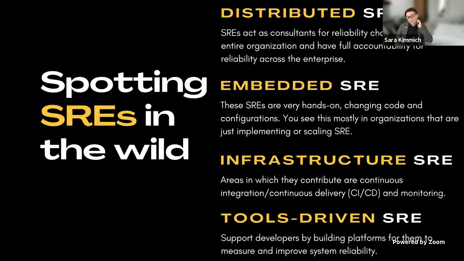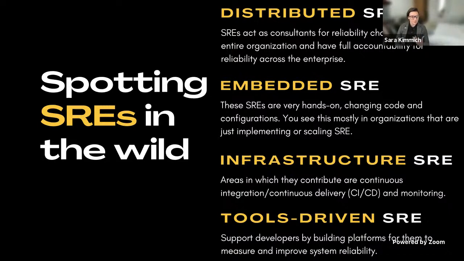So there's the pretty traditional model of a distributed SRE. This is kind of like a consultant that is responsible for the reliability of your entire system, right? This is closer to that idea of the magical sage SRE that comes in and has so much knowledge about the architecture that you have in place that they can really help you with it. Increasingly, though, I'm seeing them be genuinely embedded onto teams.